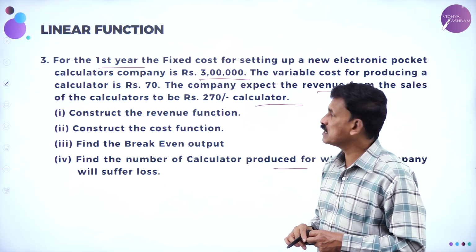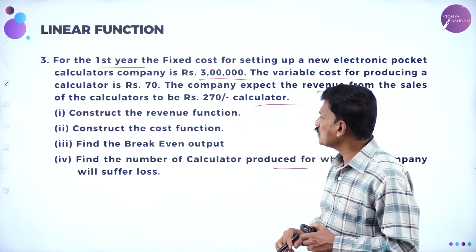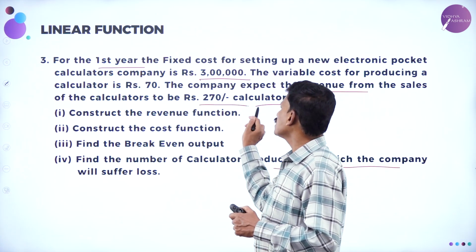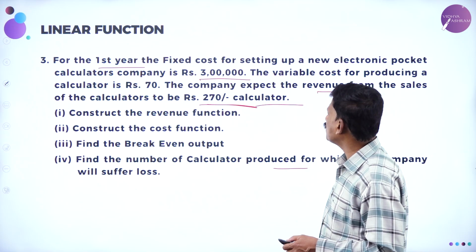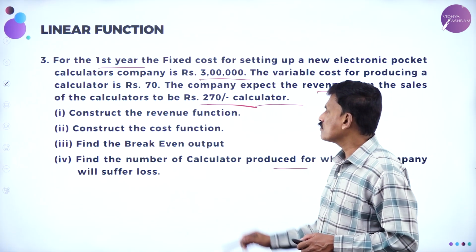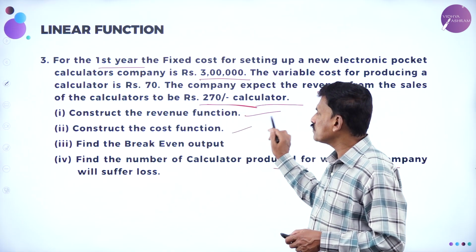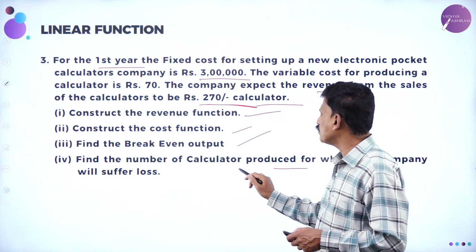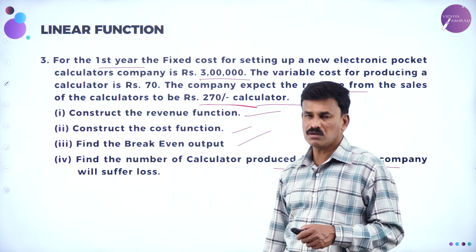Rupees 70 is the variable cost. The company expects the revenue from the sales of the calculators to be 270, so for each calculator the expected revenue is 270. If such is the case, find out the cost function. That is, construct the revenue function, cost function, then break even point and the number of calculators produced for which the company will suffer the loss.